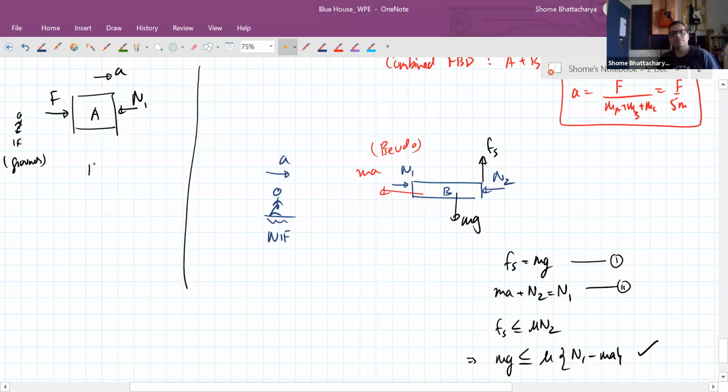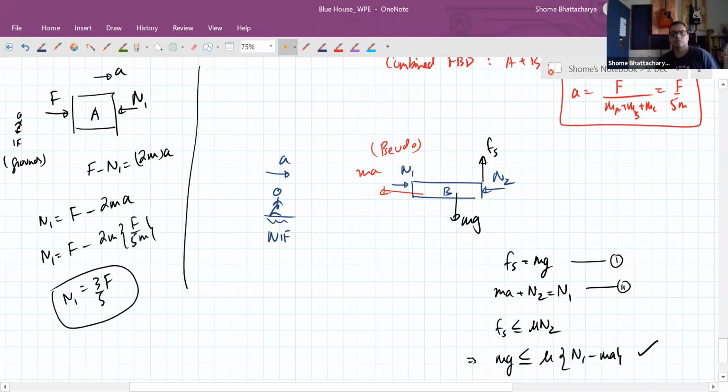So you have F minus N1 is mass of A, which is 2m into a. So N1 is becoming F minus 2ma, and a we had just calculated above was F by 5m. So 1 minus 2 by 5, so it's 3 by 5 F. So N1 is this much.